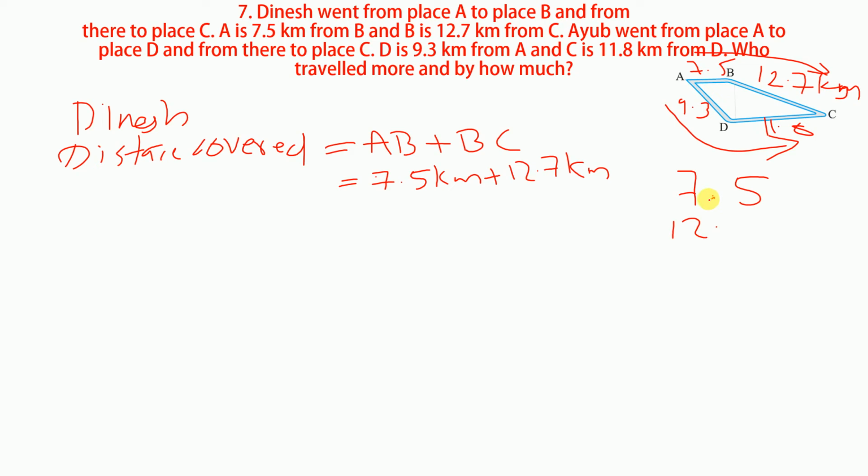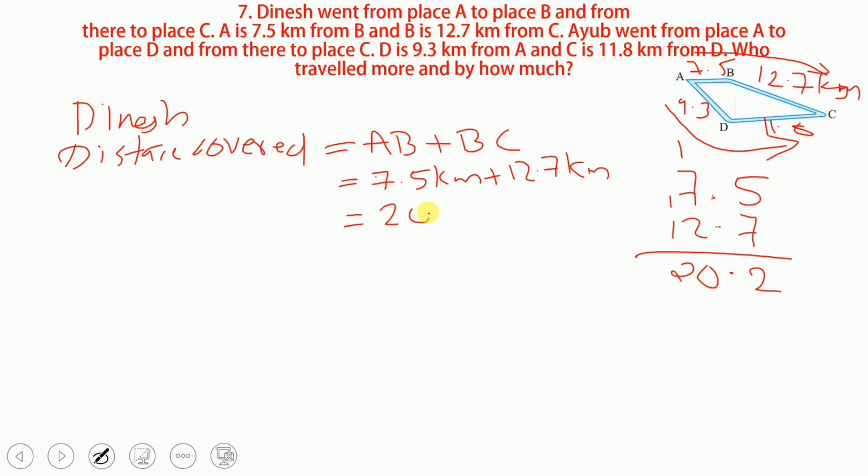While adding, the point must come in the same row. 5 plus 7 is 12, the carry comes here. 7 plus 1 is 8, 8 plus 2 is 10, carry here, so 20.2 kilometer.